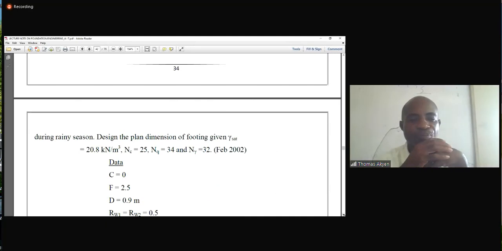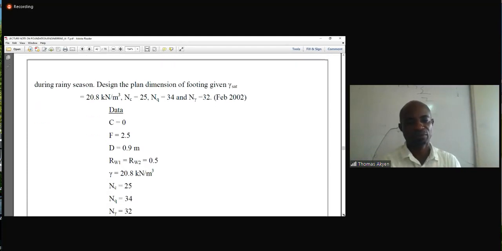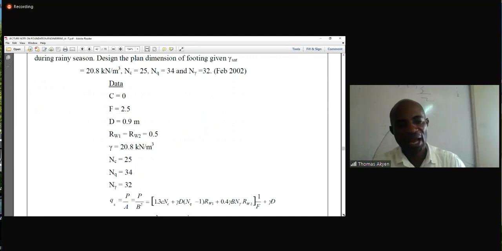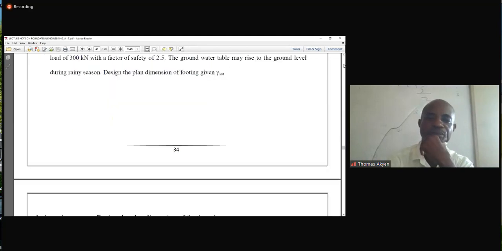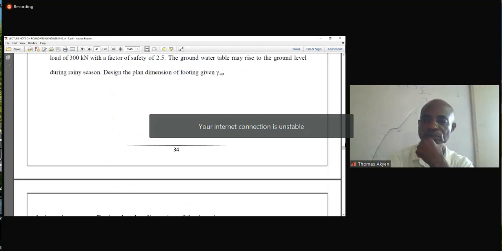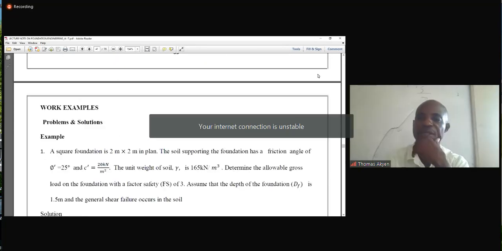Now we are giving all these values over there, where the lambda sat is equal to 20.8 kilonewton per meter cube, while the Nc is given as 25, Nq is 34, and phi is 32. So we are only trying to find the dimension, where RW1 is this one.